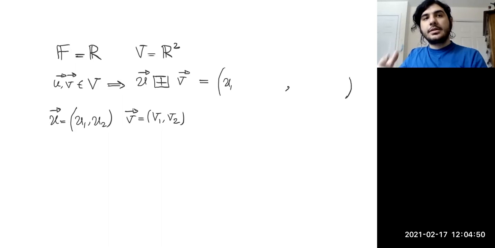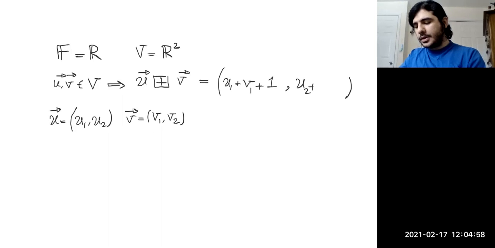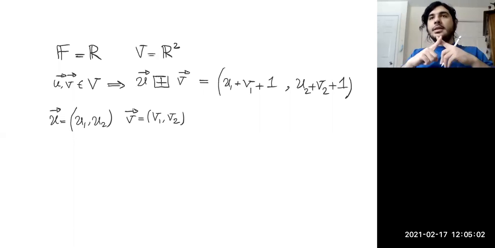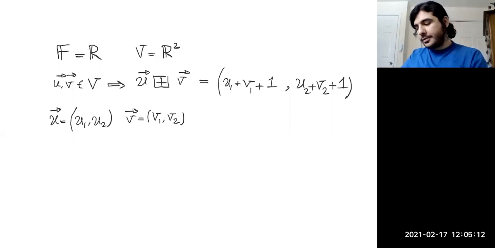I define the first component to be U1 plus V1 plus 1, and the second component to be U2 plus V2 plus 1. So if we didn't have these plus ones at the end, that would have been the usual addition which we have on R2. But because of these extra plus ones, it's different.